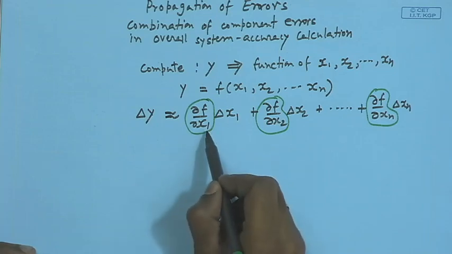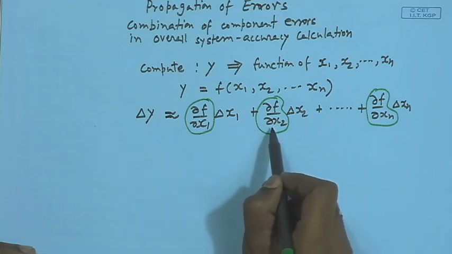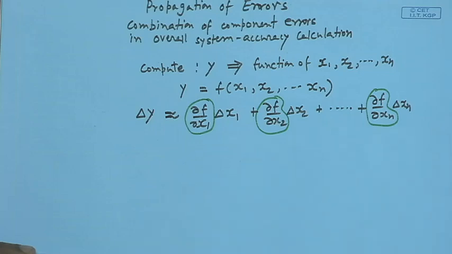So, this is the sensitivity of y to change in x1, sensitivity of y to change in x2, and so on and so forth. If the partial derivative is large, we say y is very sensitive to that particular x.